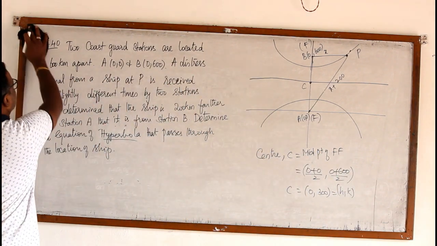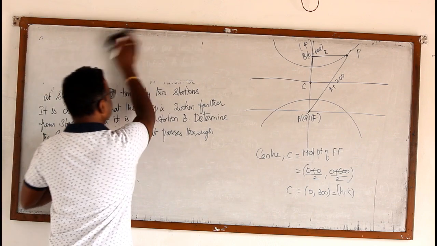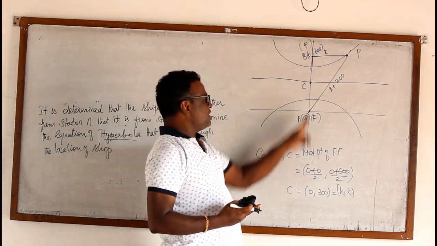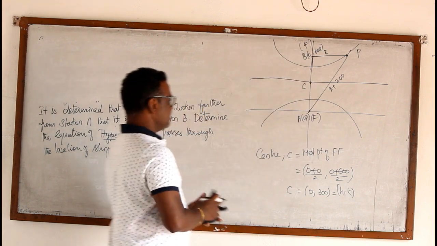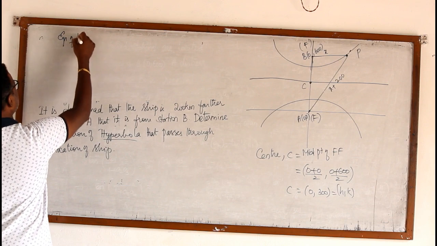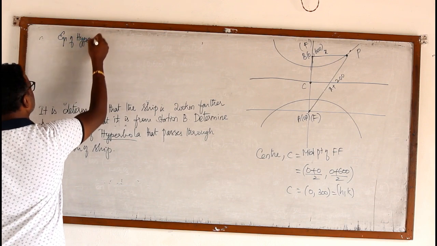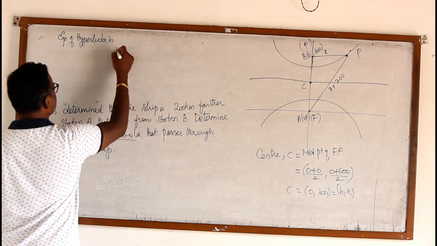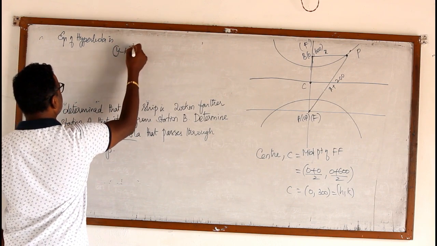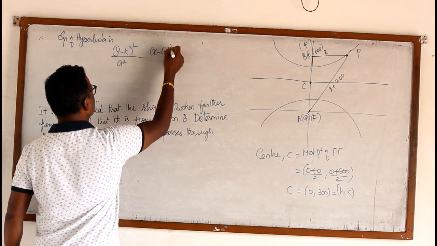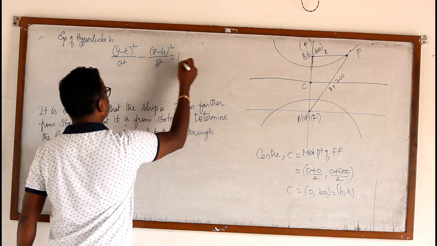Now, we are clear with the question, so we shall write the equation. The transverse axis is the y-axis, therefore we shall write the hyperbola equation as (y minus k) the whole square by a square minus (x minus h) the whole square by b square equals 1.